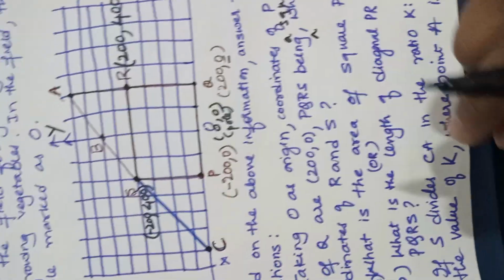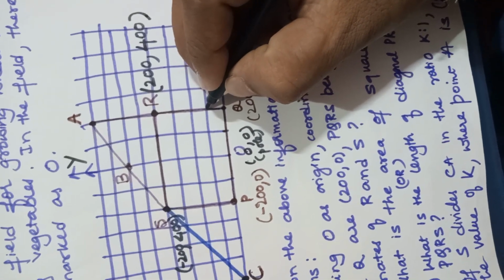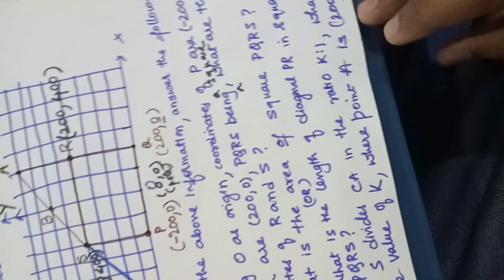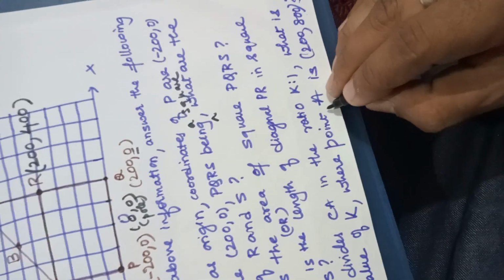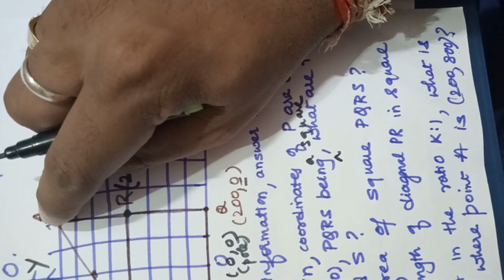There is one more hint in the question, which confirms that the value of 1 unit of this graph is equal to 100 units. For that you can just look at the third sub question where the point is 200 comma 800. Now point A is here.